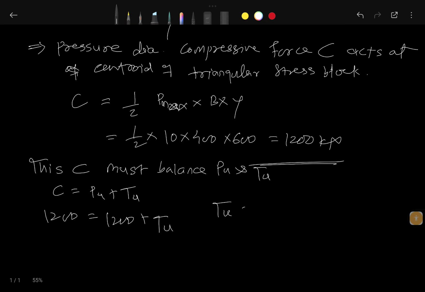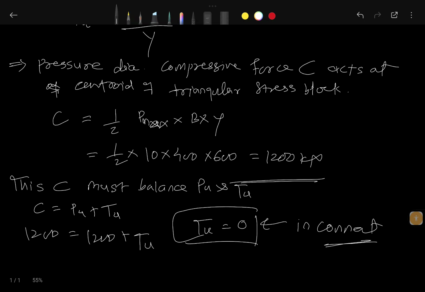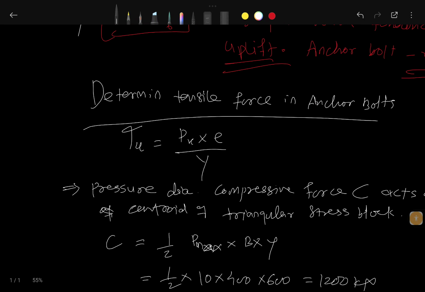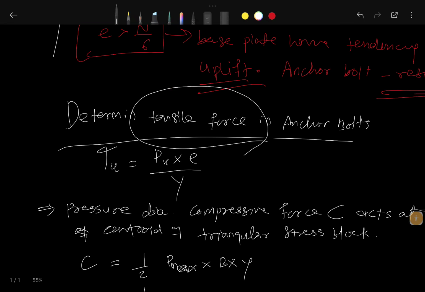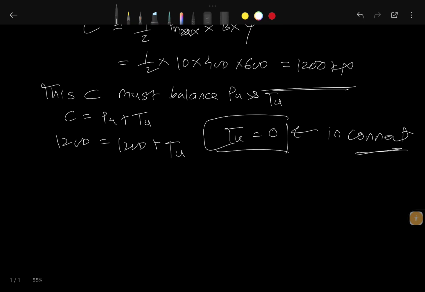So Tu is equal to 0. It means this is incorrect, because in our assumption we considered the bolt carries the tensile force, but here the tensile force comes out 0. So now we can recalculate this value.